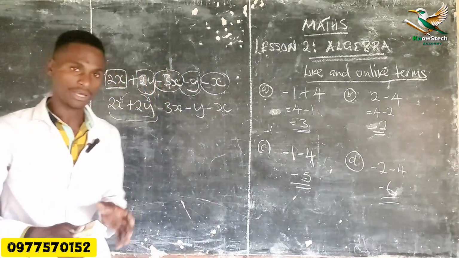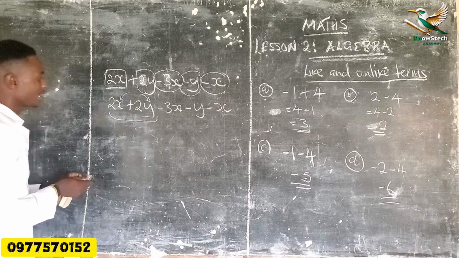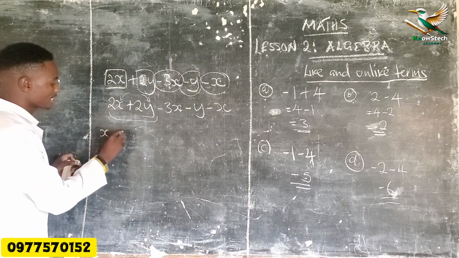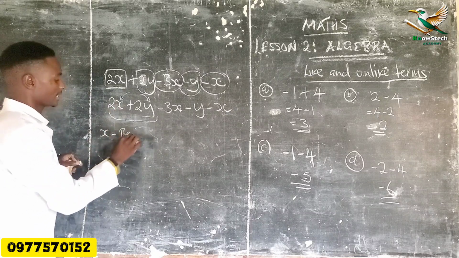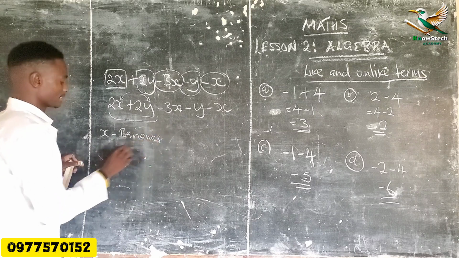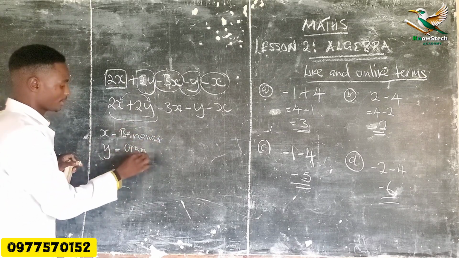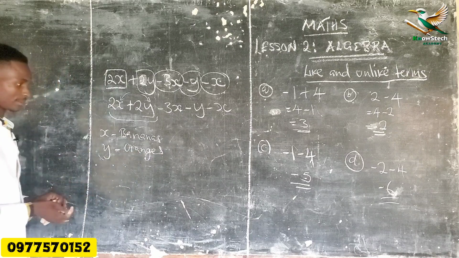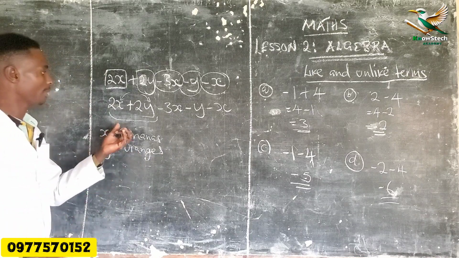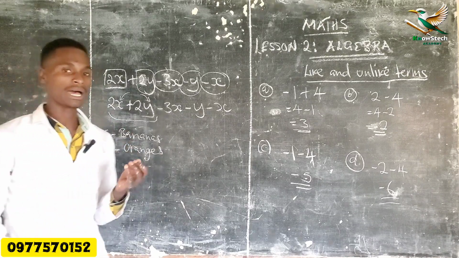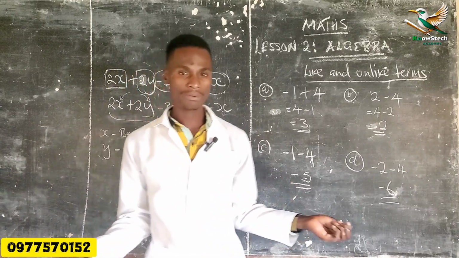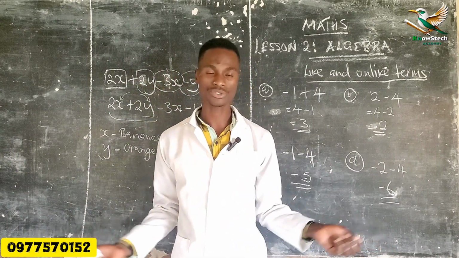Let's take, for instance, x here represents the number of bananas. Okay? Number of bananas. Then y represents the number of oranges. Now, when somebody asks you, how many oranges and bananas do you have?